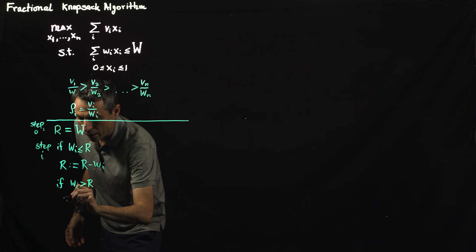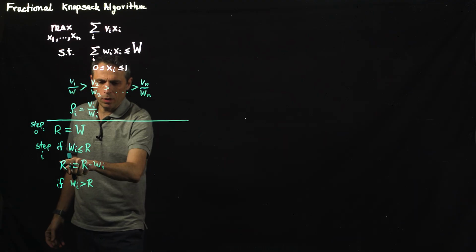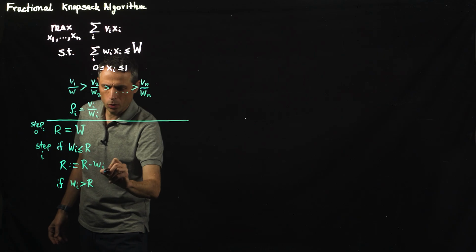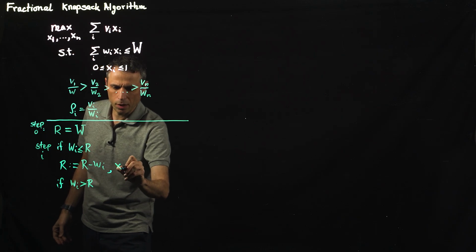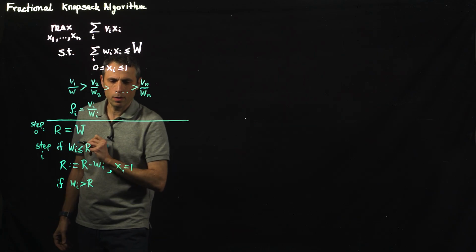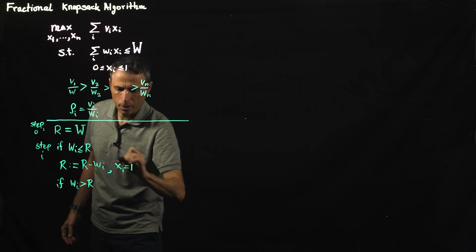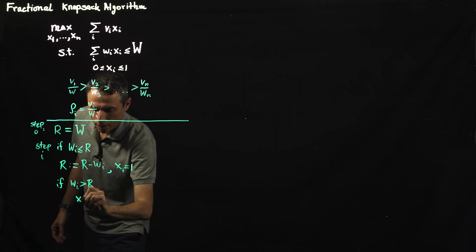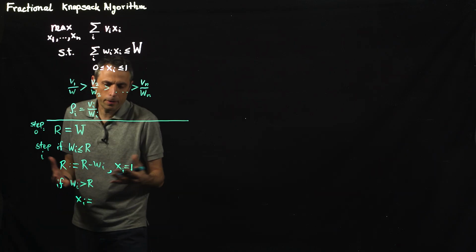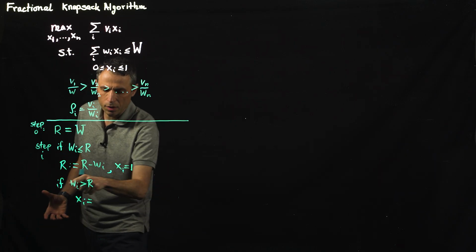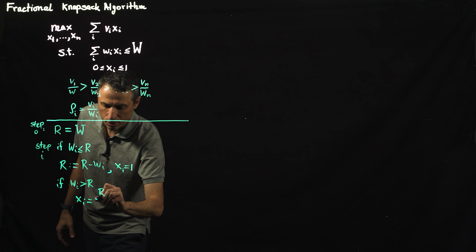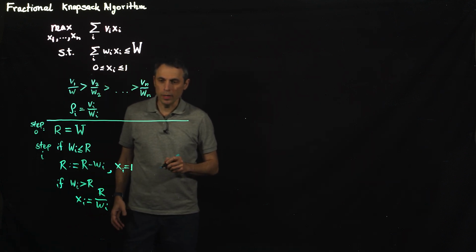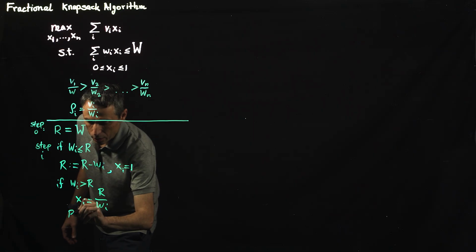When the first condition is true, we also set xi equal to 1, meaning that we are taking item i. If not, we set xi equal to a fraction, R over Wi, since R is less than Wi, and we set R equal to 0.